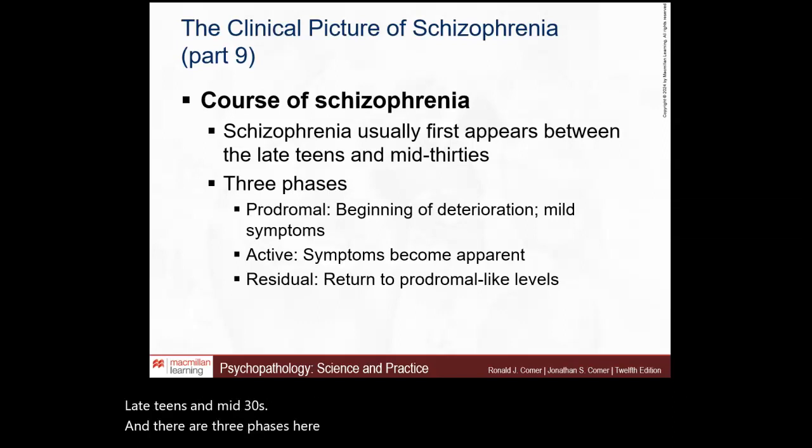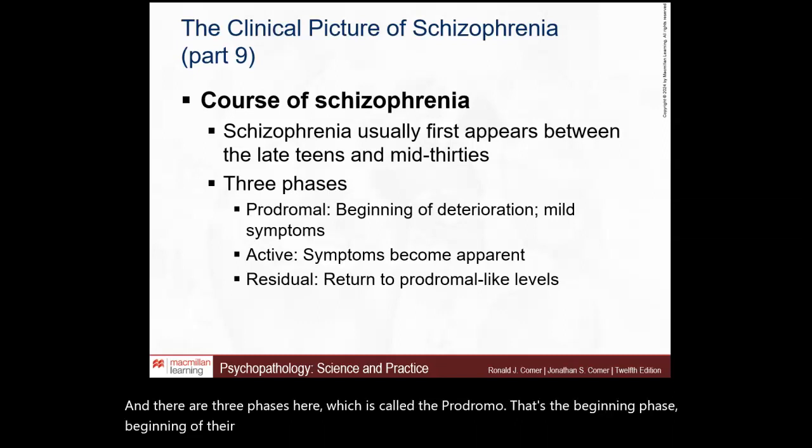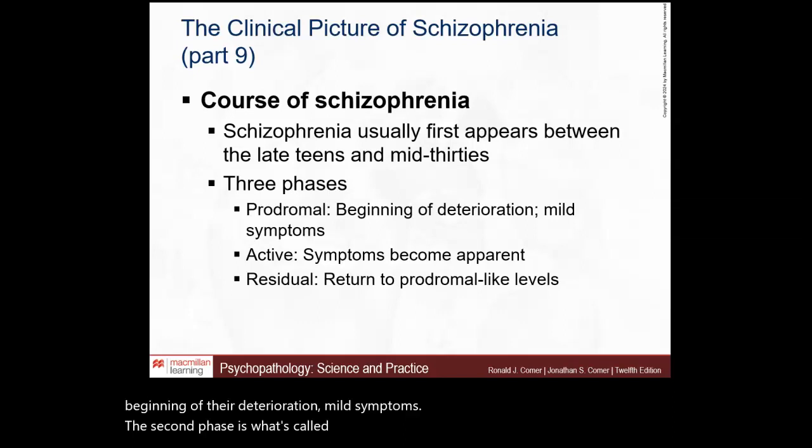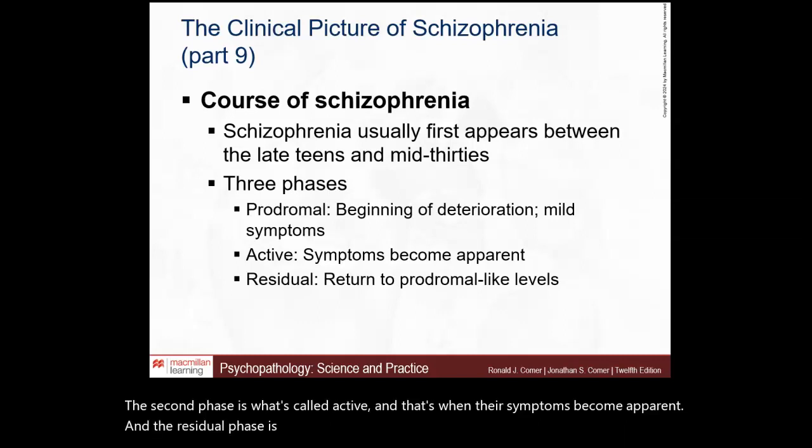The first is called the prodromal, the beginning of their deterioration, with mild symptoms. The second phase is what's called active, and that's when their symptoms become apparent. And the residual phase is when they return to prodromal-like levels.